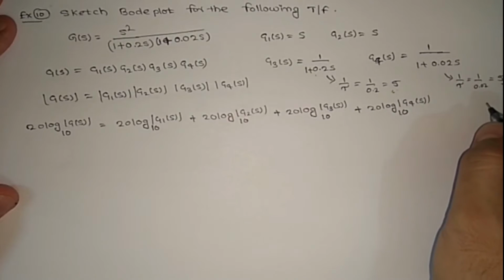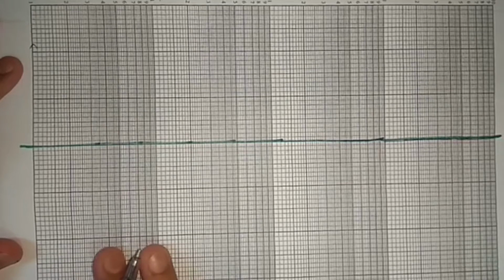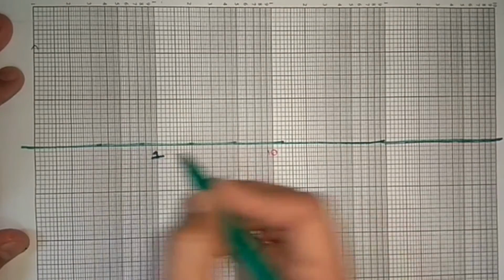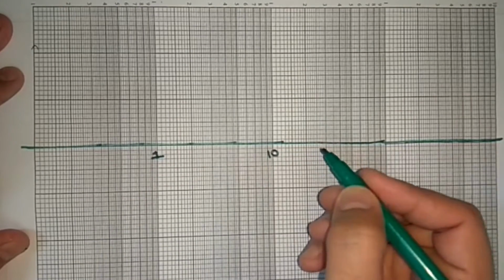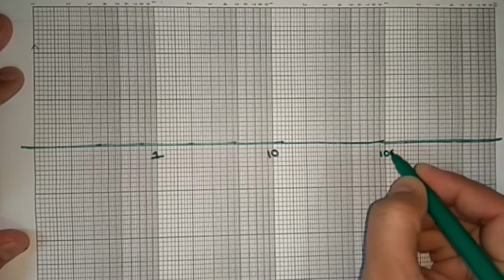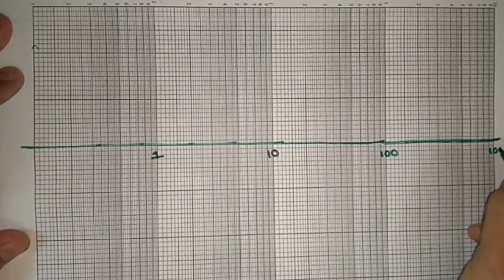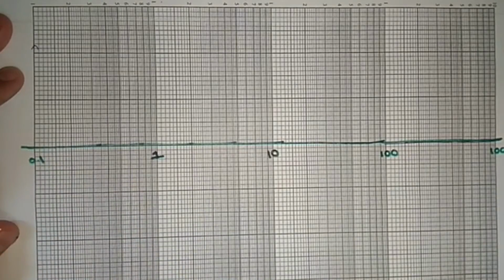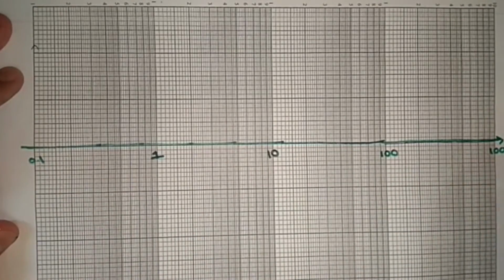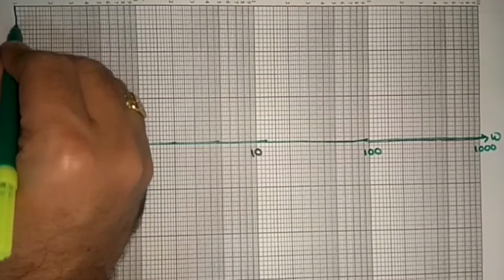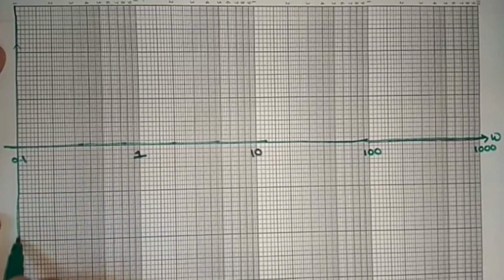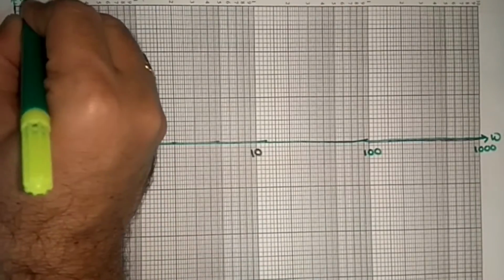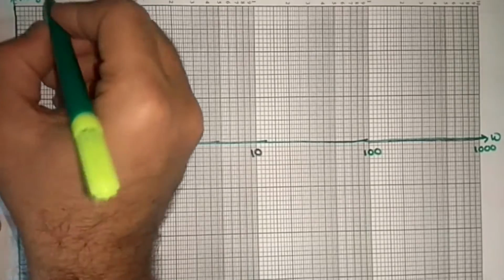So let us draw this on a semi-log graph. Here I will start from 1. This is 10, this is 100, and this is 1000, and this is 0.1. This is omega completely. Now this magnitude plot I will take here in dB.